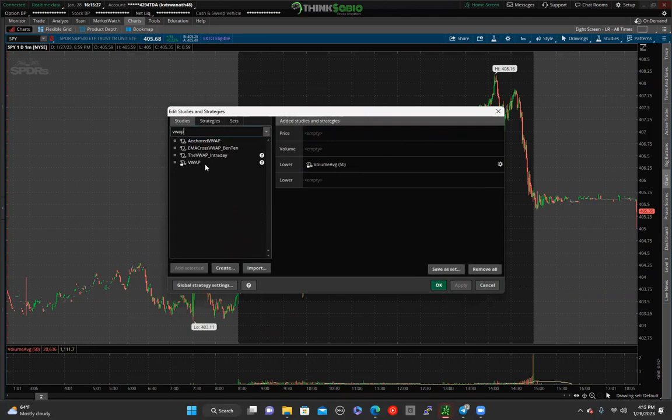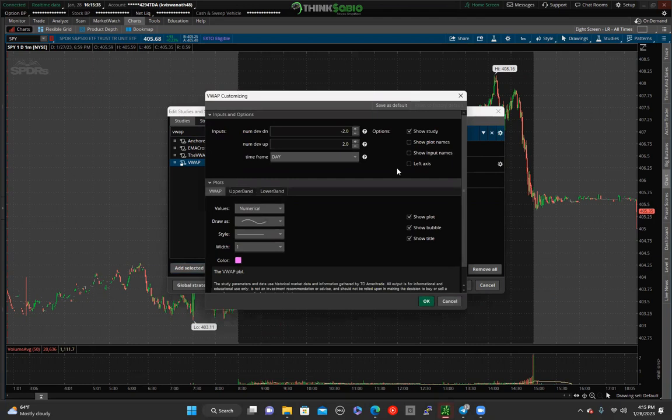So when you are going to add the VWAP, type VWAP under studies, select it, hit add selected, and go to the settings. And then you will have a few options here. You go to upper band and uncheck the show plot. Go to lower band and uncheck the show plot.